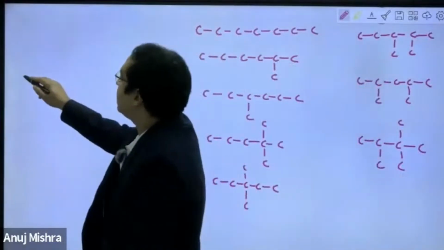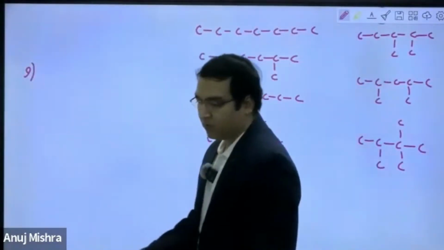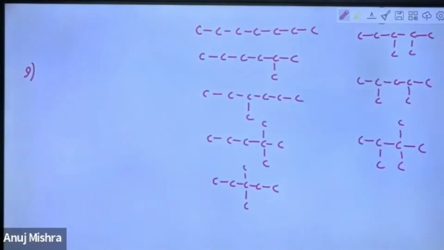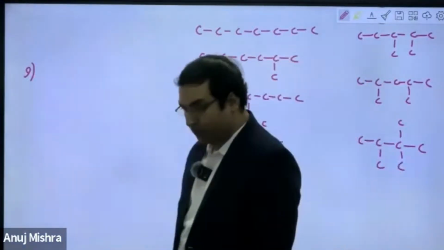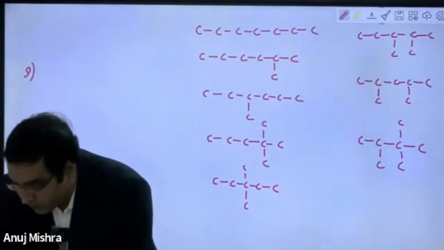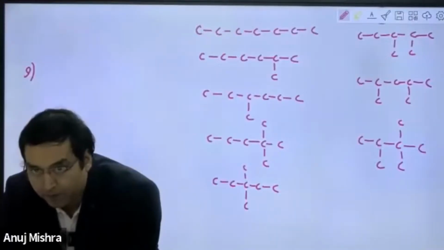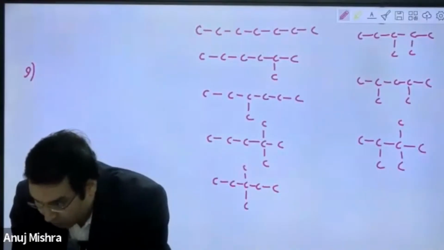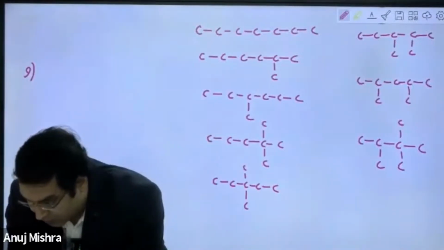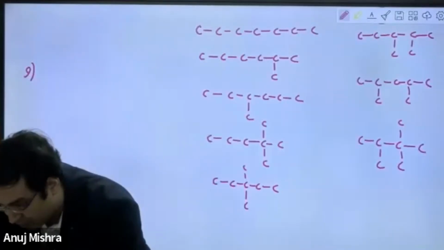Anyone can tell the IUPAC name of the 9th which is not drawn? Chinmay? Sir, am I audible? Yeah, you're audible. What is the 9th structure? Which structure is not drawn here? Cycloheptane? A cyclo cannot be made, child. How can a ring form? Unsaturation is 0.